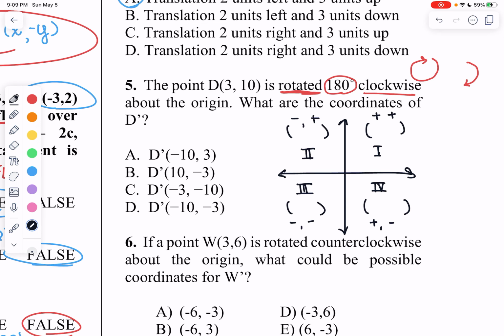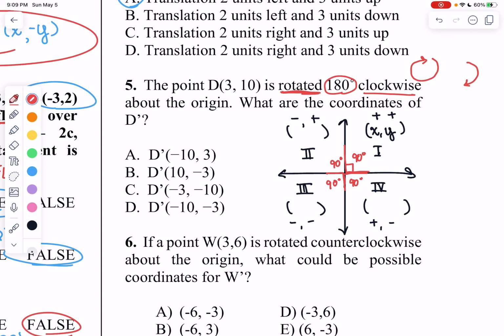So we talked about the first quadrant being our starting point, our x and our y. When I rotate it 180 degrees, that is going to be 2 quarter turns. Because if I look at this, each one of these is a right angle, or 90 degrees. 90 degrees, 90 degrees. All together, that would be 360 degrees.